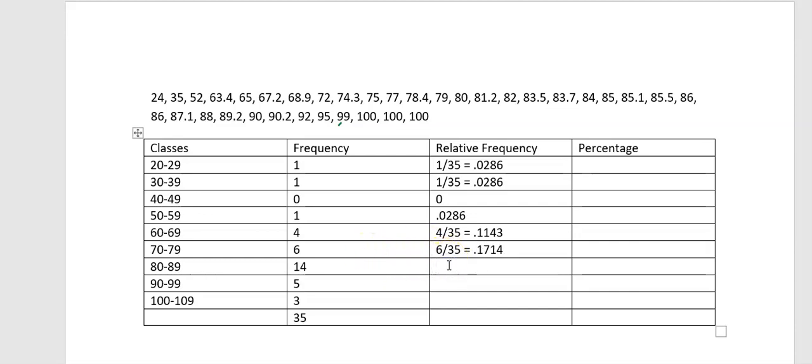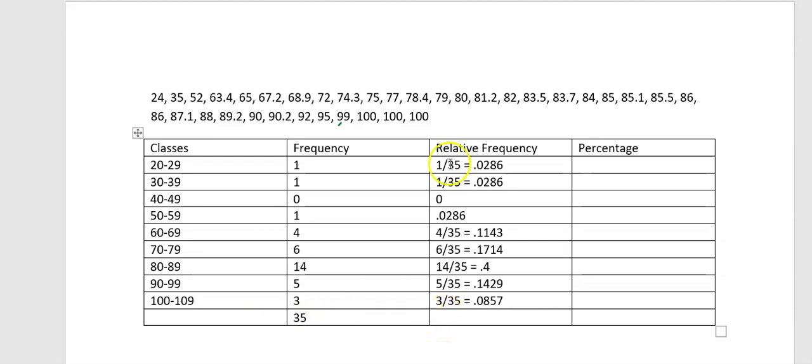And then 14 out of 35 ends up being exactly 0.4. Then 5 out of 35 ends up being 0.1429. And then 3 out of 35 is 0.0857.